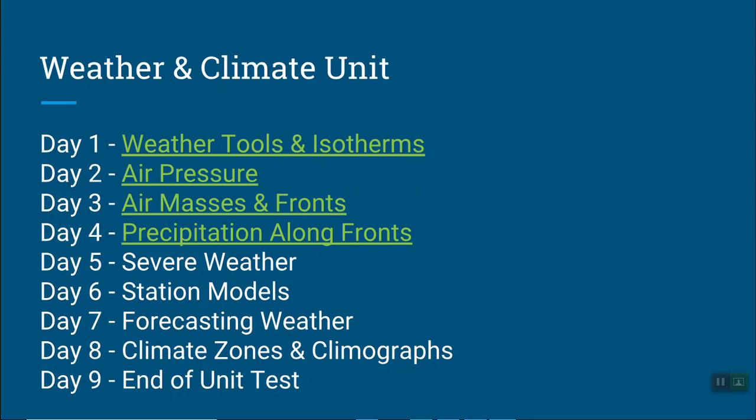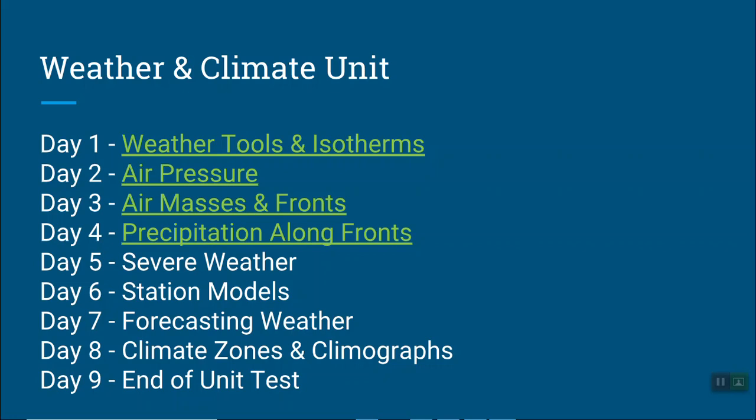On day 3, we looked at air masses like continental, tropical, and maritime polar, and we looked at cold fronts and warm fronts. On day 4, we looked at precipitation along fronts, and I think we need to review that. And then day 5, we looked at severe weather. You had some choices, so you were looking at blizzards, hurricanes, and tornadoes.